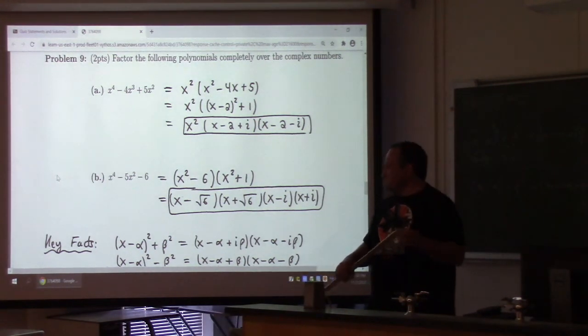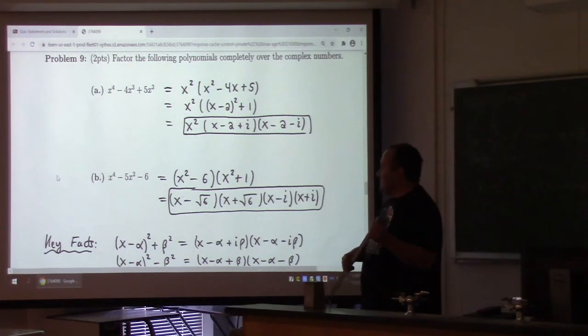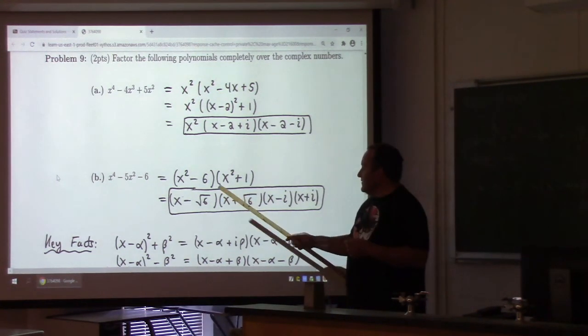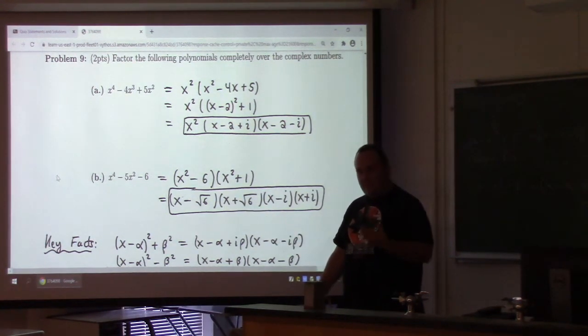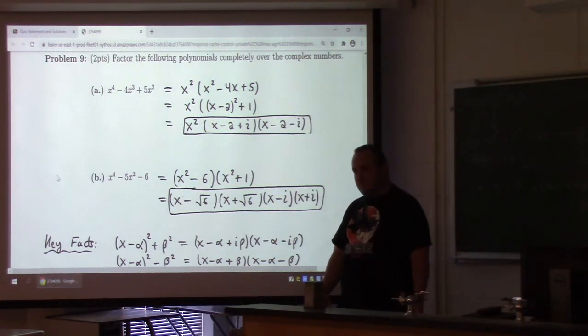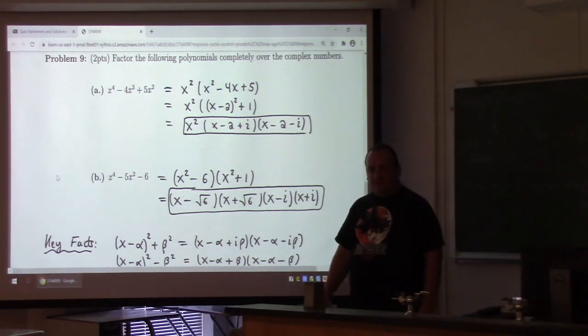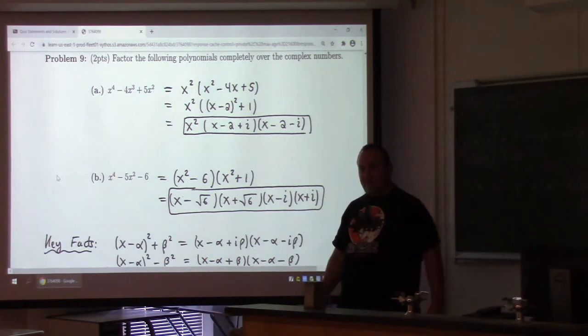But the questions I will ask you will be like ones I've already shown you. And so there is hope you should be able to see how to factor it, either using the completing the square technique or factoring by grouping or something. Or sometimes I'll just give you a piece of information, like f of i is equal to 0, right? That tells you x squared plus 1 is a factor.